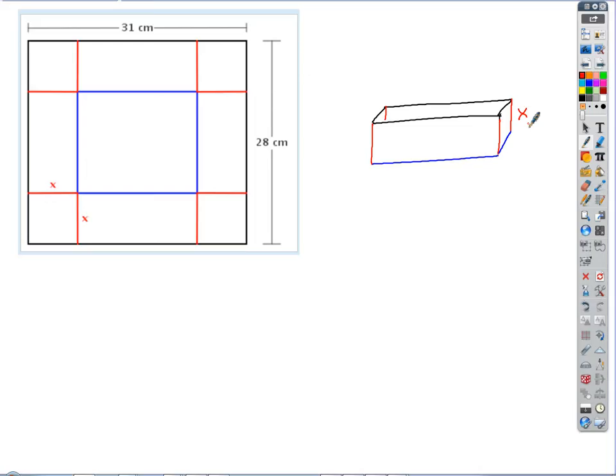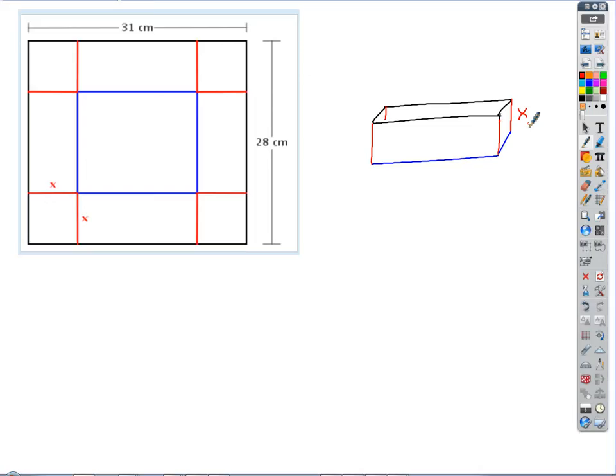Casey, this is tricky, can you tell me what the length of our folded box is going to be? The cardboard started off being 31 centimeters, right? But then we're folding up these flaps. So what's not the width or the length of the cardboard, but the length of just our folded box going to be?